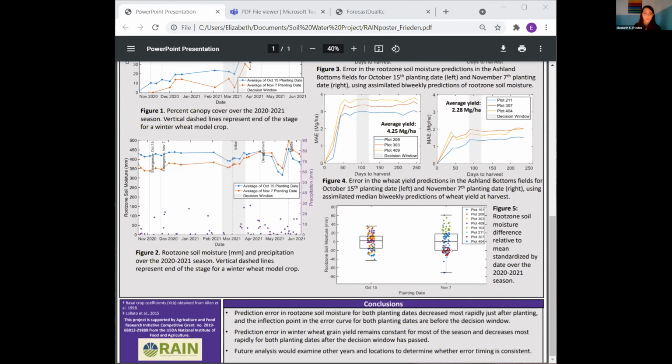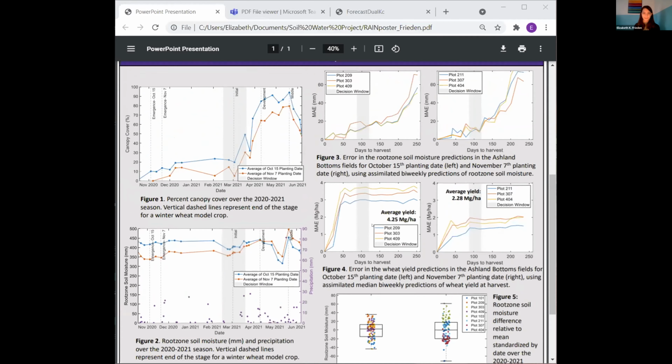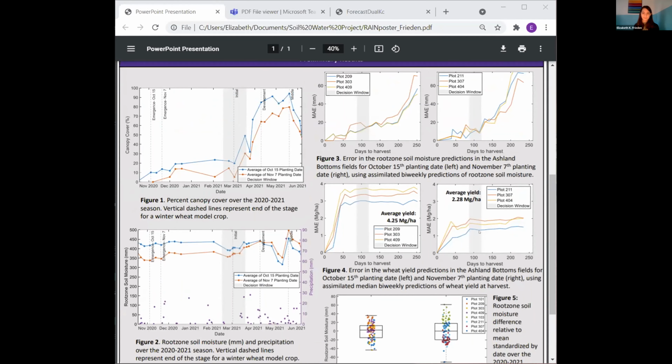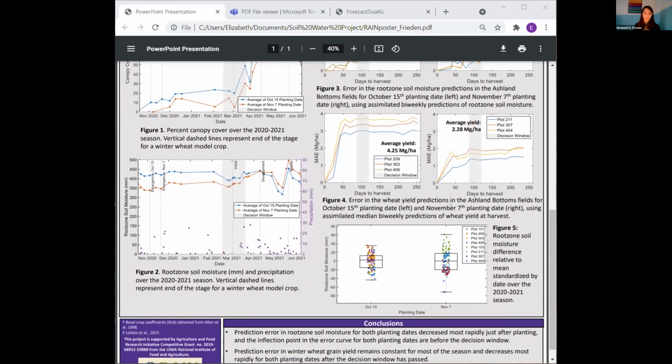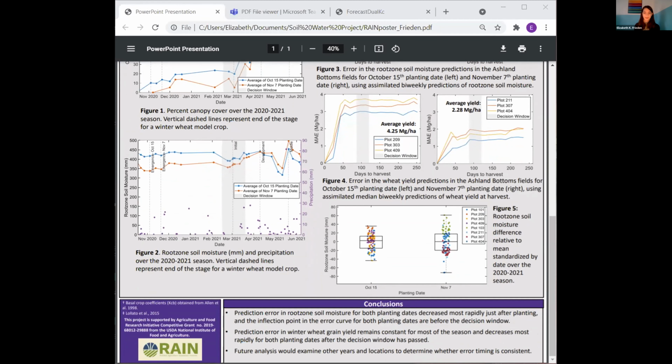For example, plot 307, which is this red one, is a little bit drier than the mean, and you can see here it's a little higher than average in error. So an interesting question would be, can these averages be used effectively, and are there characteristics of the plots that change the error of the forecasting model? But we can see that overall, the root zone soil moisture is very similar, and the shape of both graphs is fairly similar. So probably these replications can be compared, but we do have to keep this discrepancy in mind.